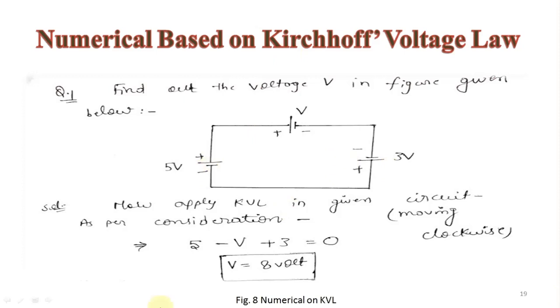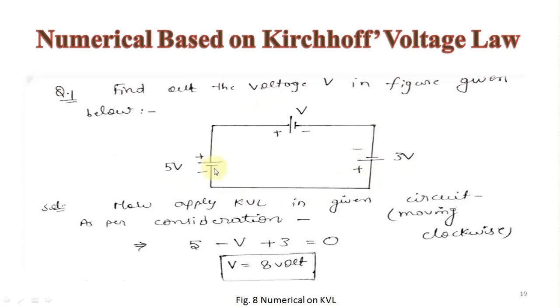Taking the sign convention, the current flows from the negative side of a battery to the positive side of a battery, so the sign convention is positive; from this battery source the current flows from the positive side of a battery to the negative side of a battery, so the sign convention is negative; and on this battery the current flows from the negative side to the positive side, so the sign convention is positive because there is rising potential.